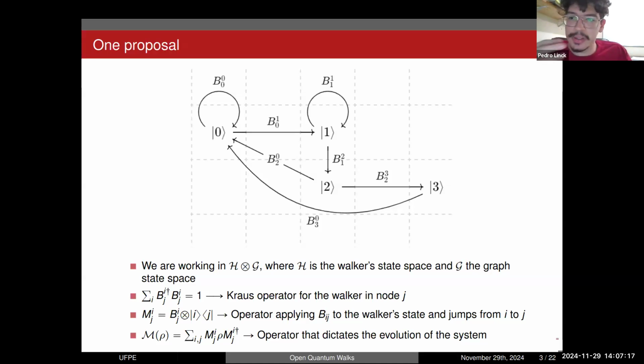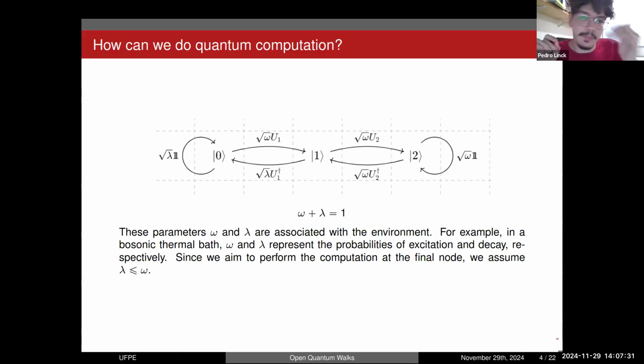But how can we actually do some quantum computation with this? How does one do quantum computation with quantum walks or open quantum walks? One way to do this is a simple topology, a linear topology, which does not introduce any interference effect. Basically, the mathematics of this is a classical Markov chain.